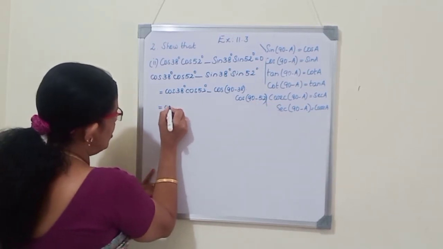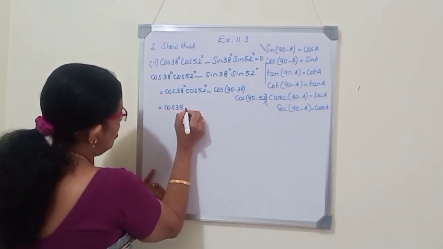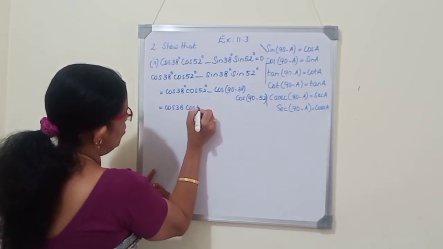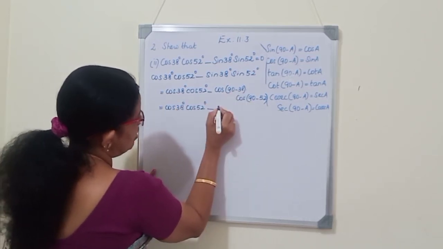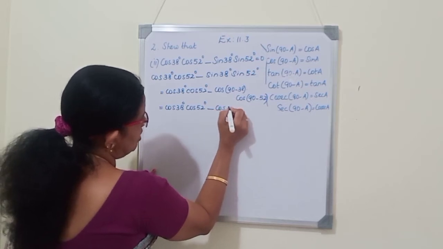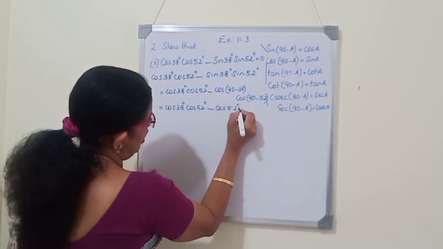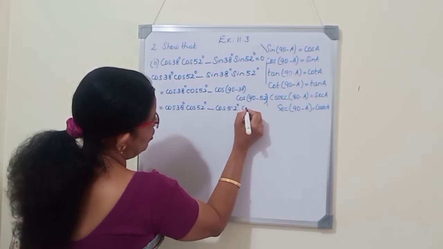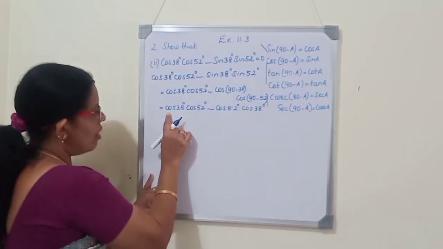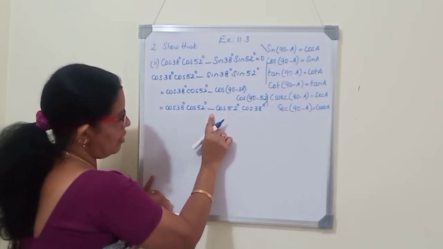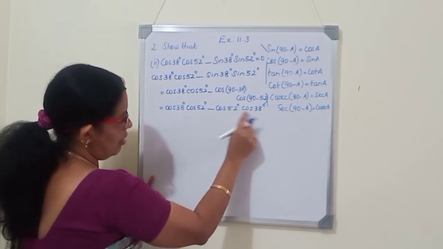Now cos 38 into cos 52 minus, what is cos 90 minus 38? 90 minus 38 is 52, so cos 52 degree. 90 minus 52 is 38, so cos 38 degree. Now we see cos 38 cos 52 minus cos 38 cos 52, only our terms are not arranged.